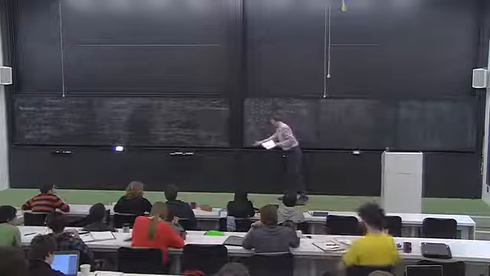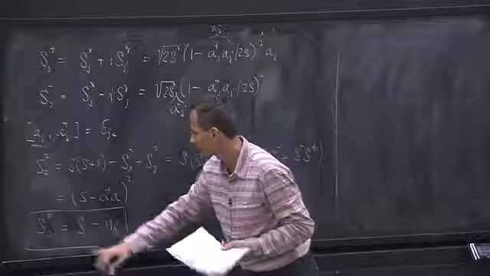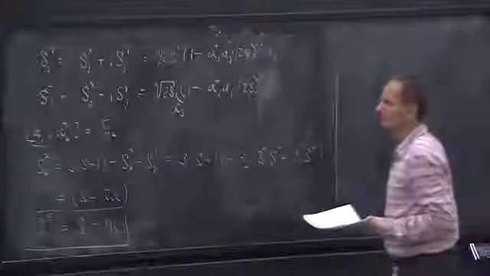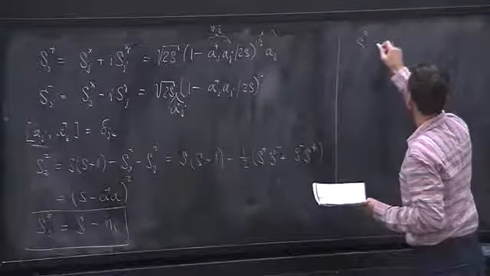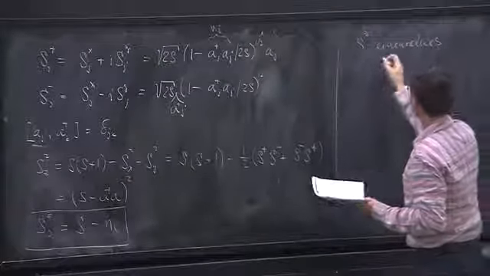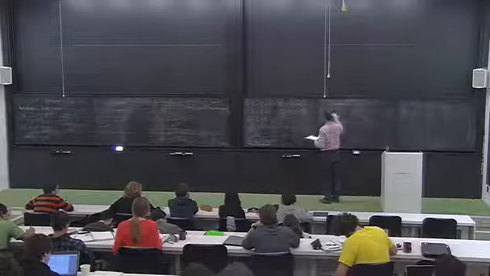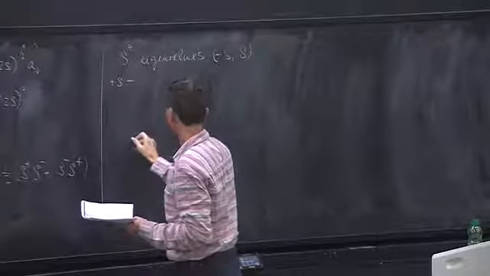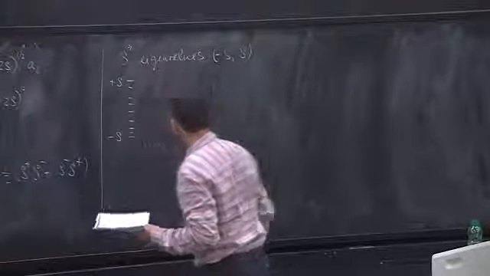Let me first motivate this physically. This is the simplest thing to consider physically. As you know, this SZ has eigenvalues that range from minus S to S, just the basic lore of spins. So here we have plus S, here we have minus S, and then the eigenvalues go between them.